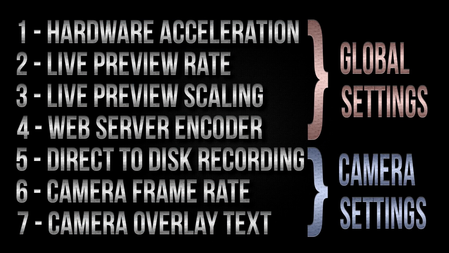Before we get to the bonus security setting for IP cameras, I'm going to quickly go over the 7 performance features and review. Number 1, if you have a desktop grade processor and you have an Intel processor with Quick Sync Video, which includes i3, i5, and i7 processors, and some Xeon processors, which are server grade processors, but it's very rare, this is a great feature for you to benefit from.